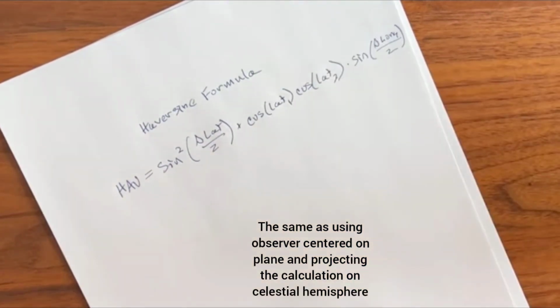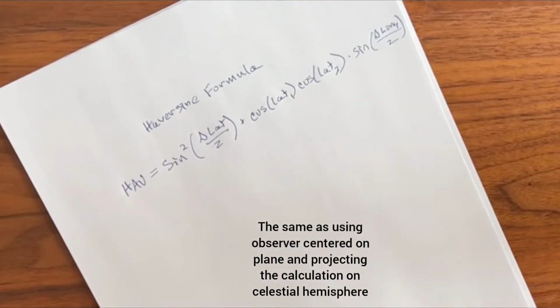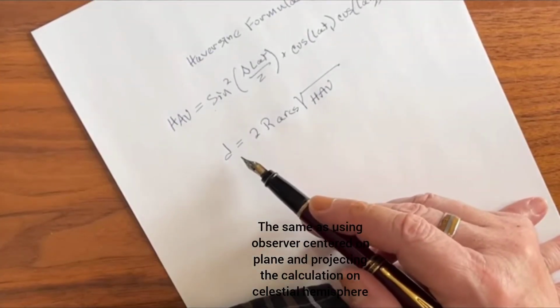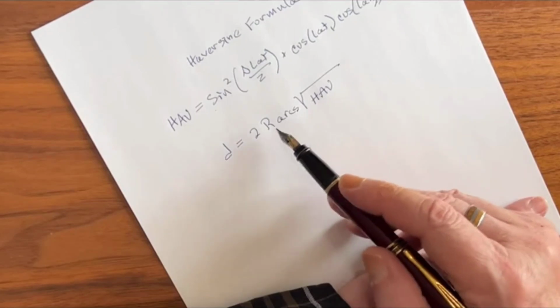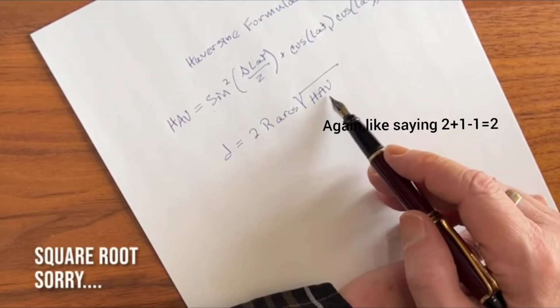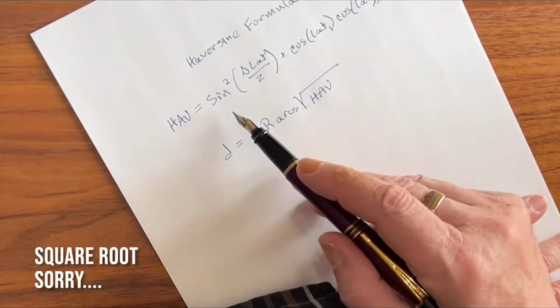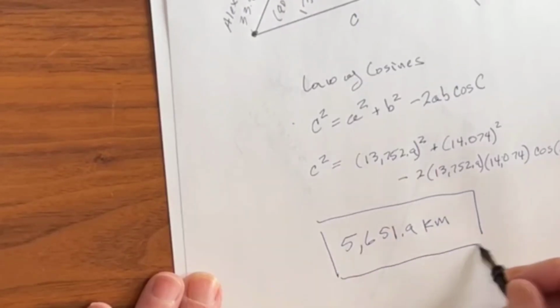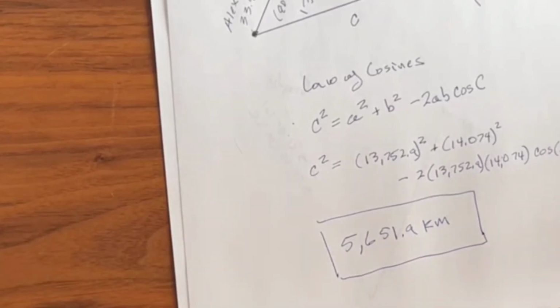Now, once you have the Haversine, we actually need to do a little more to it. To get the distance between the 2 points, you take 2 times the radius of the Earth times the arcsine of the square root of the Haversine, because the Haversine is a sine squared. So on a flat Earth, that's how long the cable has to be to go between these 2 locations.